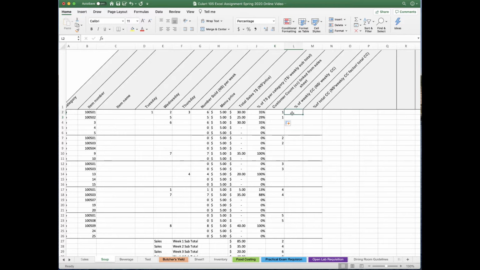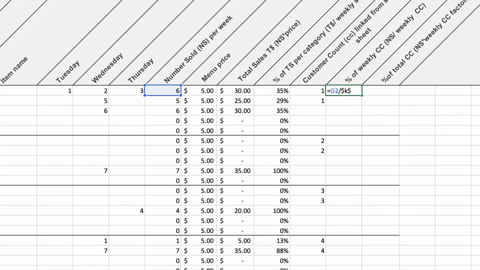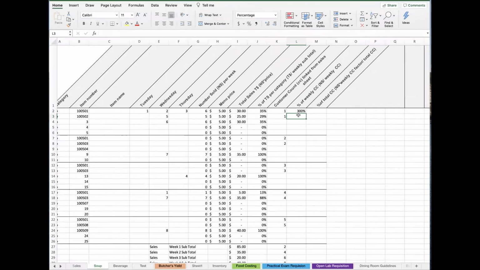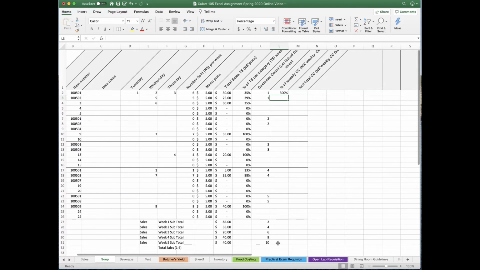So the formula is equal number sold divided by, because we're going to keep it for the same denominator, you got it, dollar sign, okay, $27. So now this highlights, good, they're 300%. So obviously that's kind of odd, but if you look, we only served 2 customers and we sold 6 items. So once these actual customer counts come in, then that'll get pulled out.